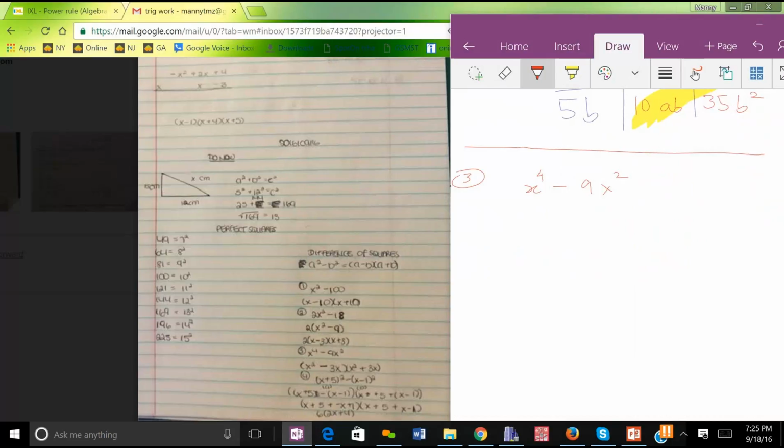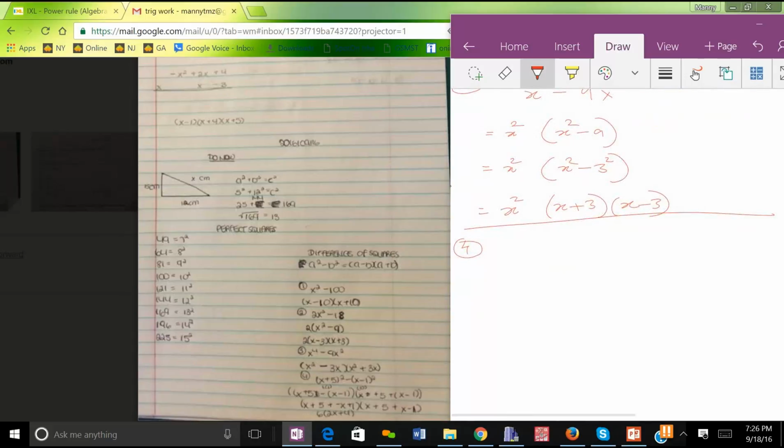Yeah. So the easiest thing to do is take that x squared out completely. So you have x squared minus 9, which can be written as x squared minus 3 squared. Remember that a squared minus b squared formula? So that's what you should do now. x plus 3, x minus 3.